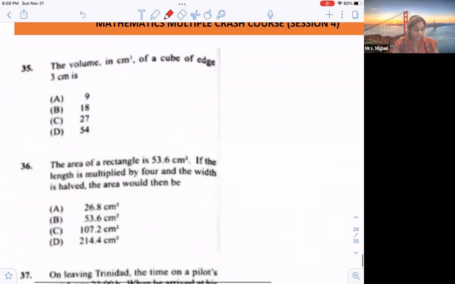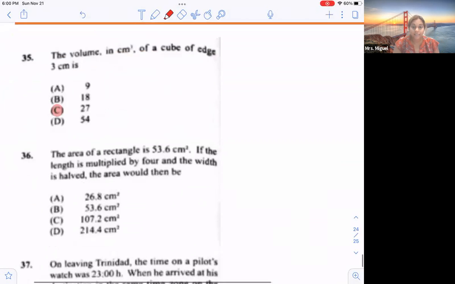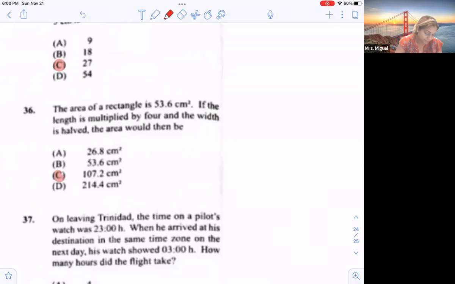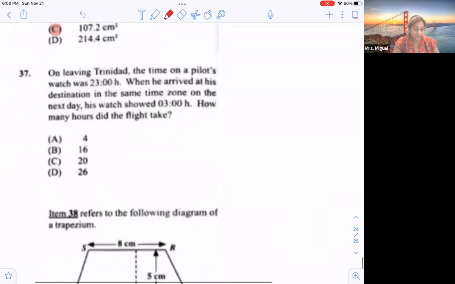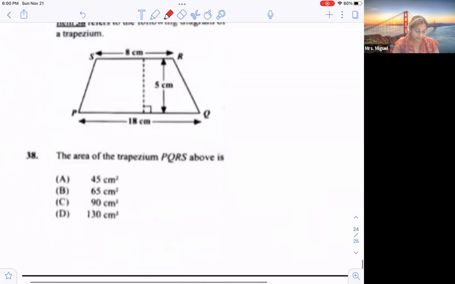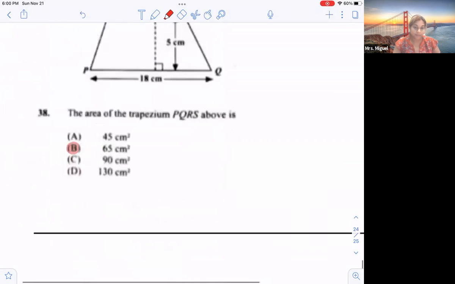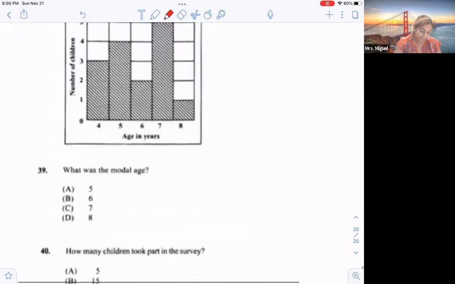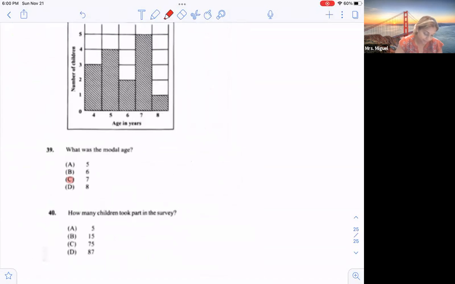Number 36, the volume of the cube, side by side, 27. 36, 107.2. 37, 4. 38, 65. 39, the modal age 7. How many children took part in the survey? 15. I do hope that you all scored more than 6.